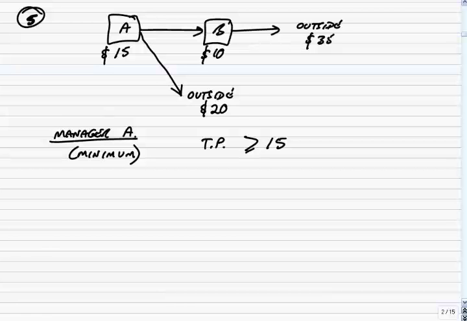Obviously, you want to charge B as much as you can, but anything more than 15 is worth having. You'll still get your profit outside, but in addition, sell to B as long as you get more than 15. What about B? Well, manager B fixes the maximum.